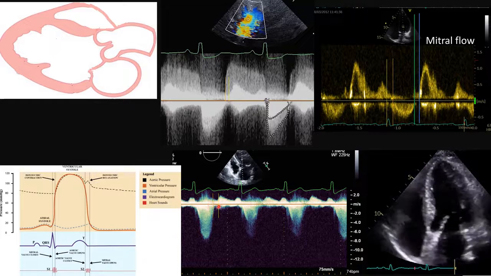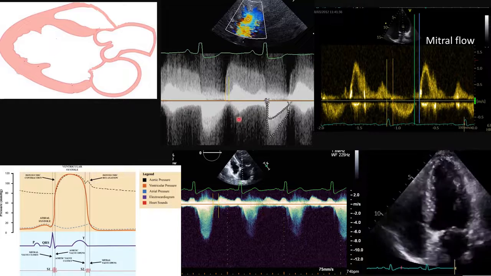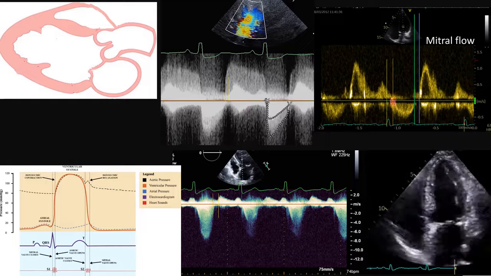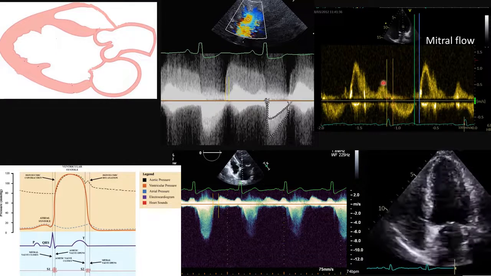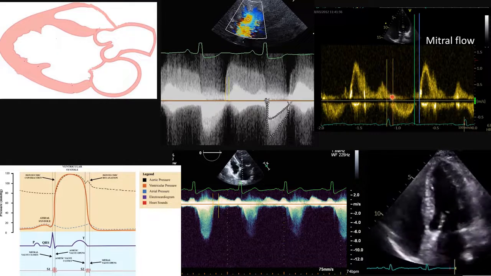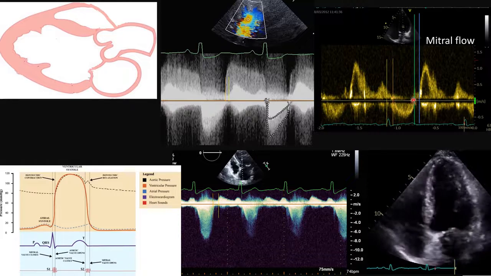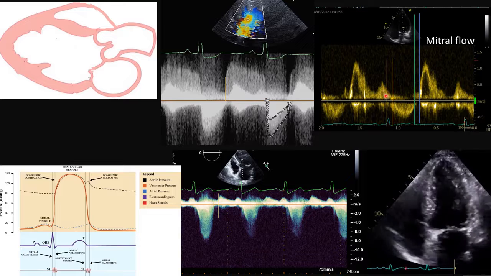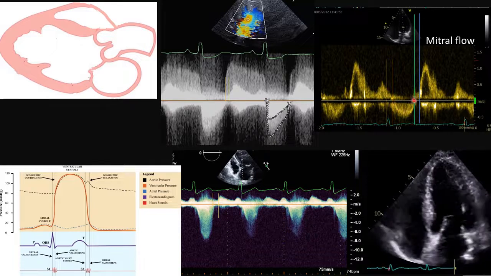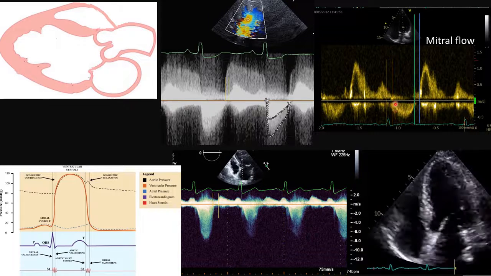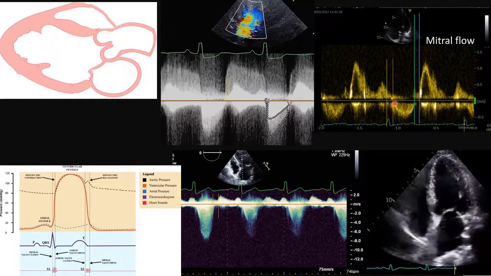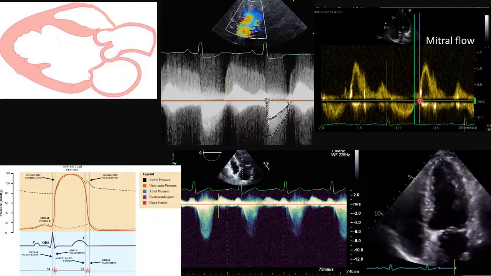Isovolumetric contraction time is from here to here, end of the A wave to the beginning of the LVOT, when blood flow goes outside. So when we finish the A wave and start LVOT, we have IVCT, or isovolumetric contraction time.